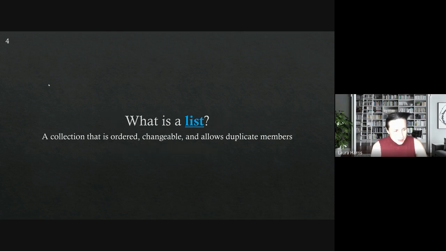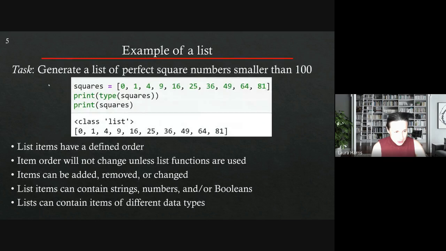So what is a list? A list is a collection that is ordered, changeable, and allows for duplicate members. So here is an example of a list. Let's say you are tasked with generating a list of perfect square numbers smaller than 100. You can define a list of these numbers.